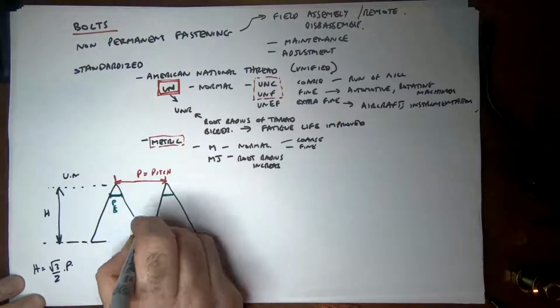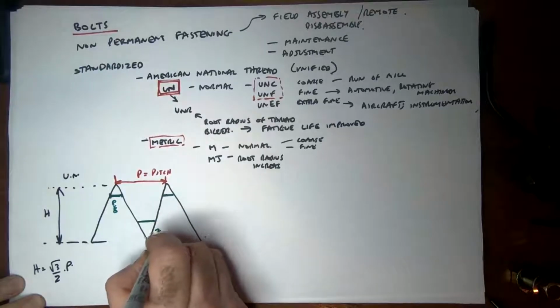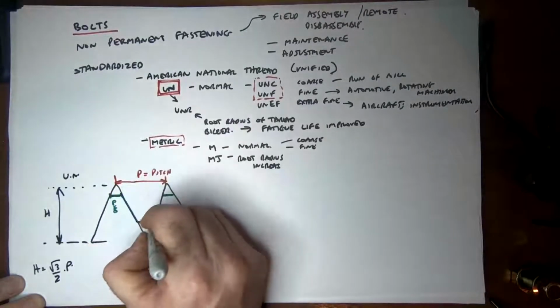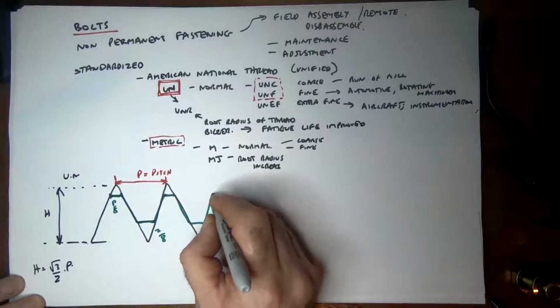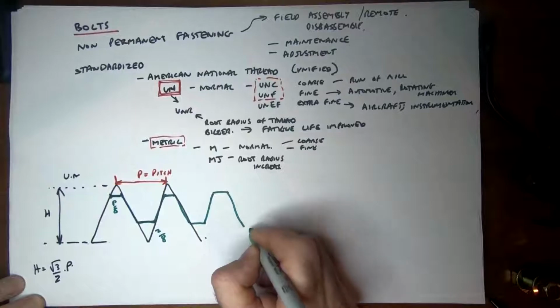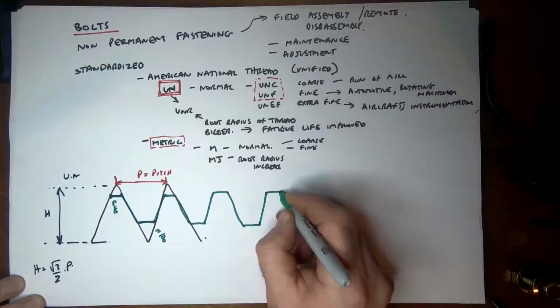So that distance there becomes 2/8. So our thread effectively is like this truncated triangle.